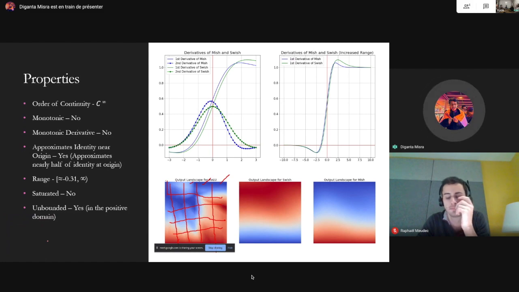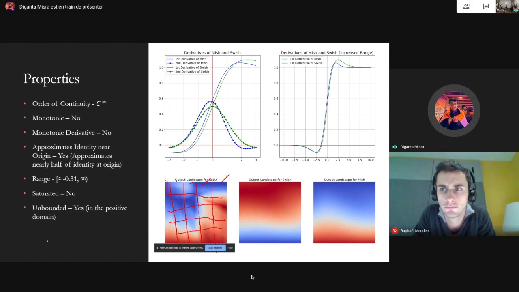That is the more important property in terms of approximation of identity near origin. But to be honest, we still don't know why an activation function should desirably have approximation of identity near origin, which I will discuss up ahead. It is a desirable property for the f of 0 equals 0 part.